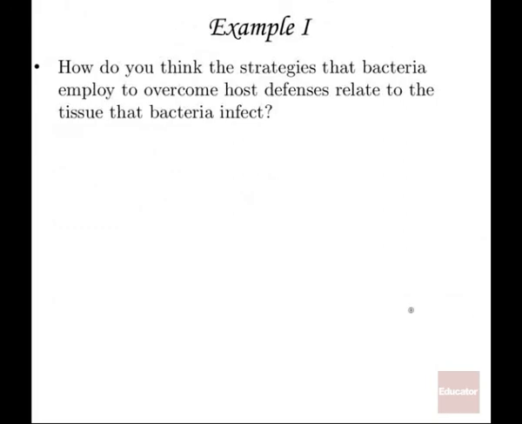So our first example, we have the question: how do you think the strategies that bacteria employ to overcome host defenses relate to the tissue that bacteria infect? We saw a huge variety of tissue, and in one example we had a capsule surrounding two diplococci, which were gram-positive bacteria.